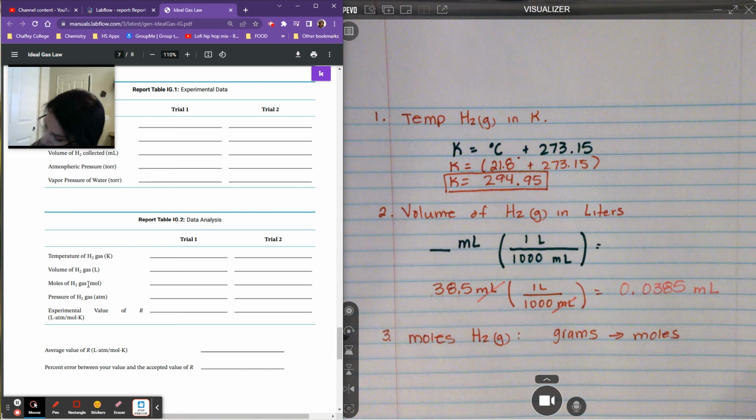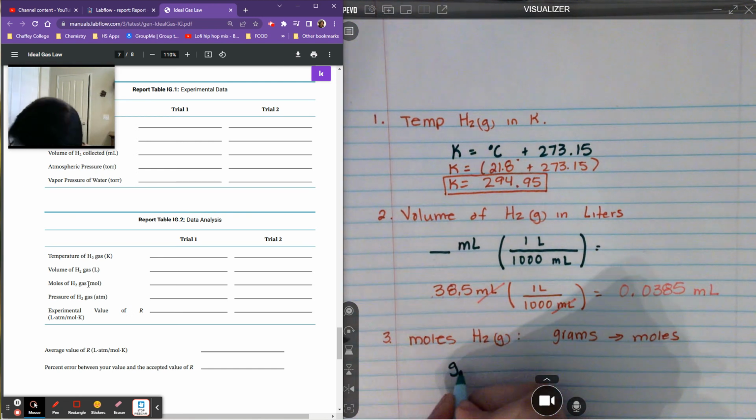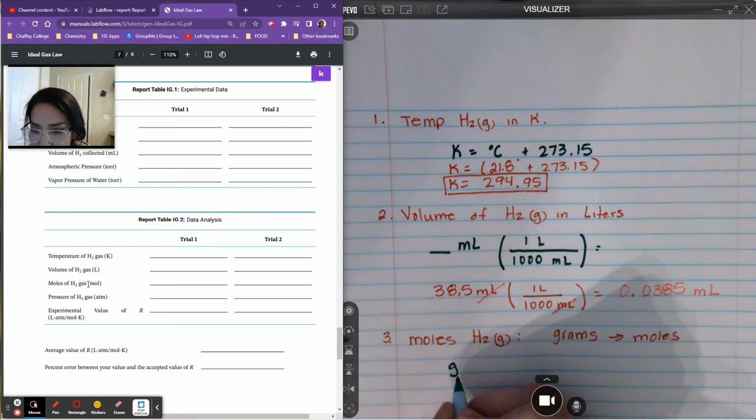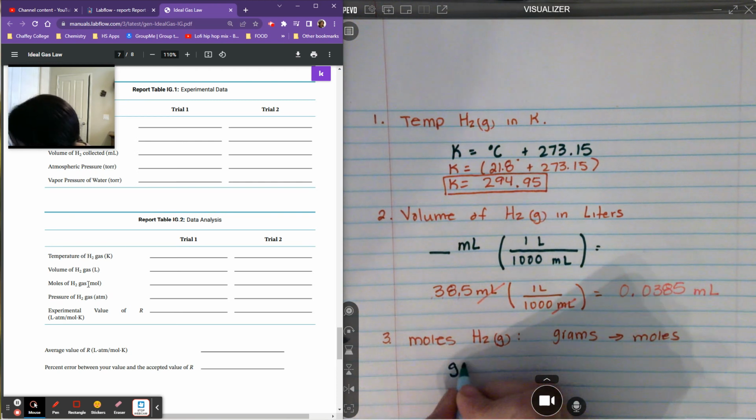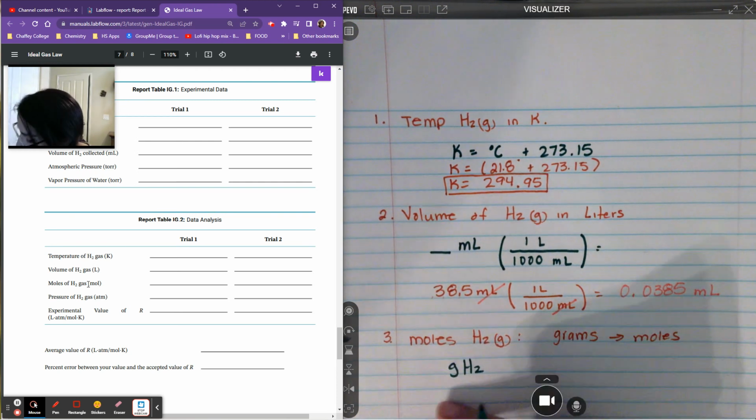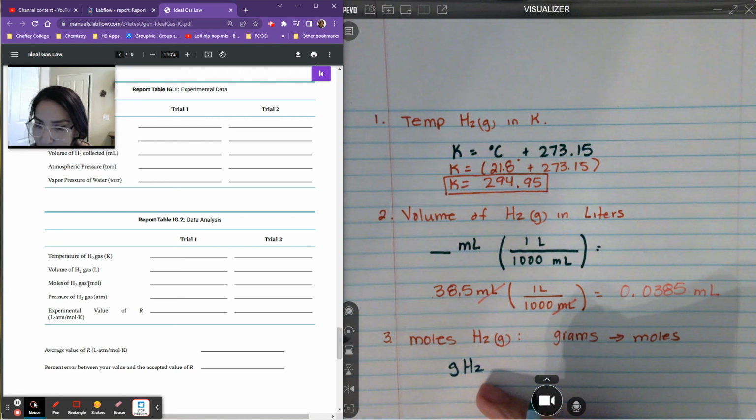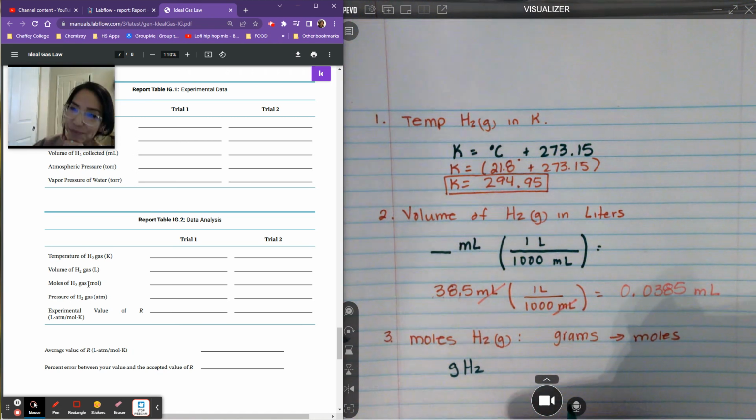In order to do this, we're going to take the number of grams. Actually, does it say moles? Yeah, moles of H2. So we're going to do moles of the grams of our hydrogen. How many grams of our hydrogen was used? Okay, I don't know why I was having a moment with this.